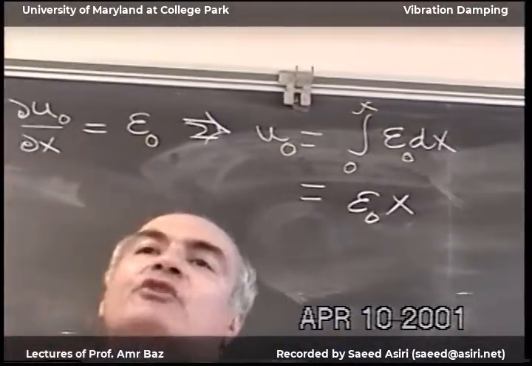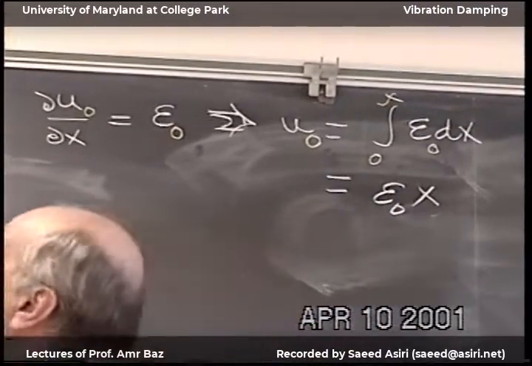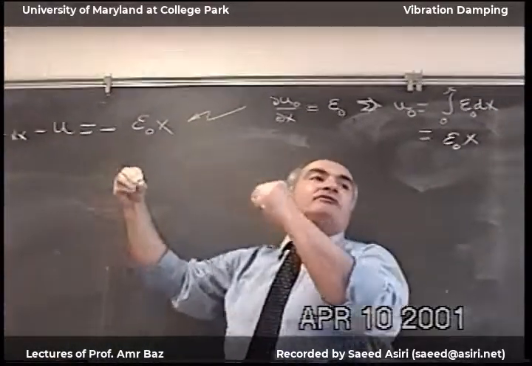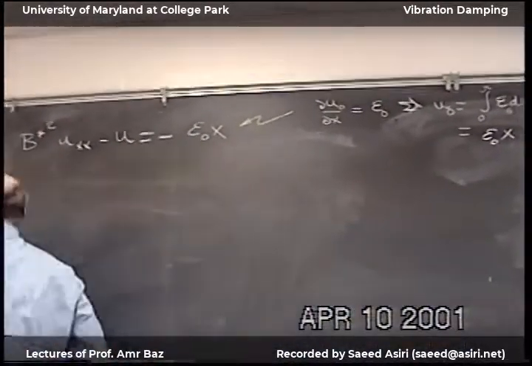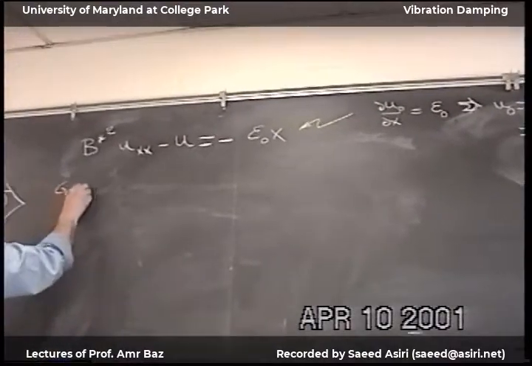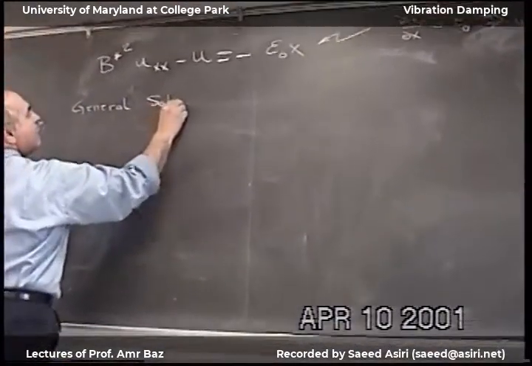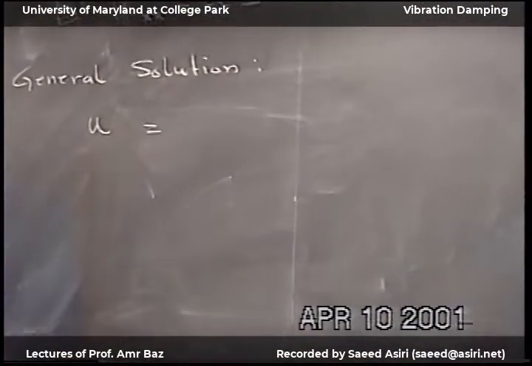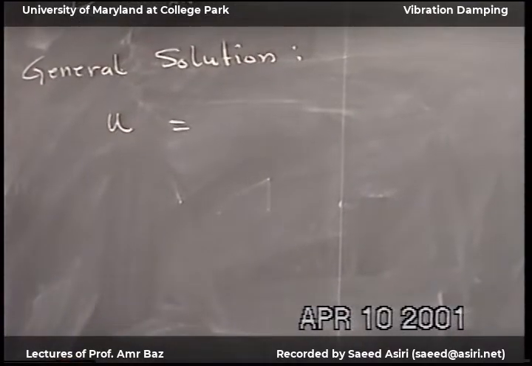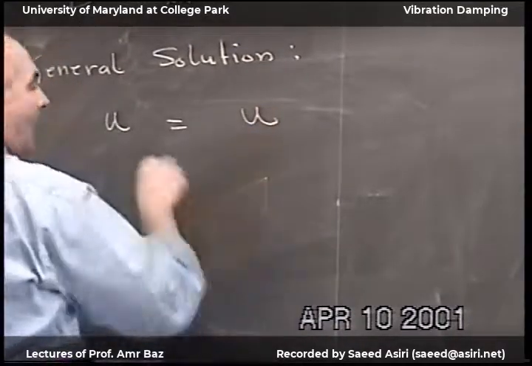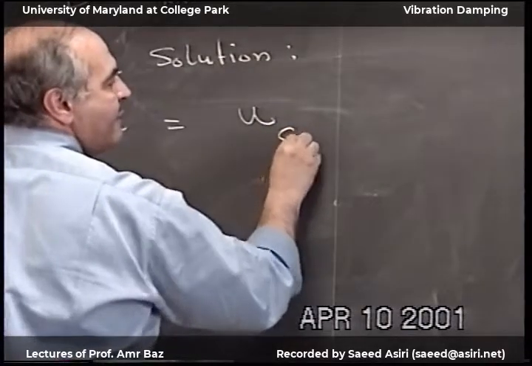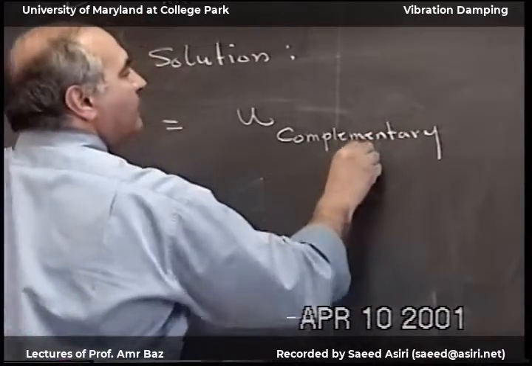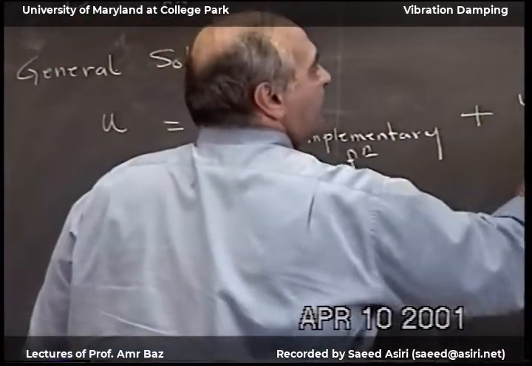Now this is a second order differential equation. It has a homogeneous term. It has a particular integral. I can combine these two and get the general solution. So the general solution is equal to u, and it has two components, u complementary function, u particular integral.